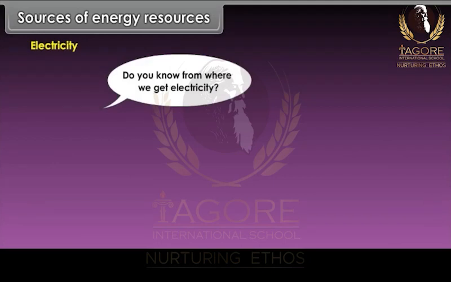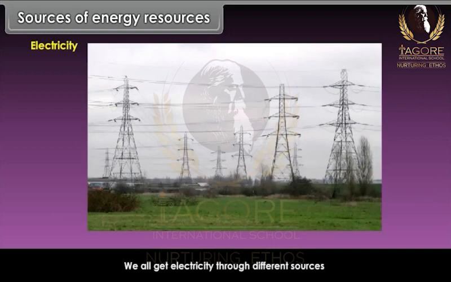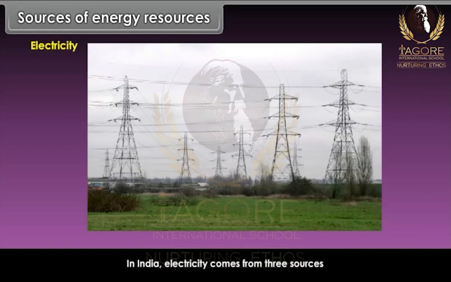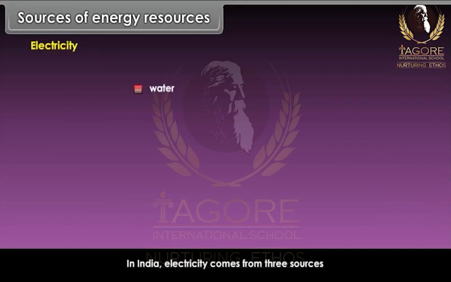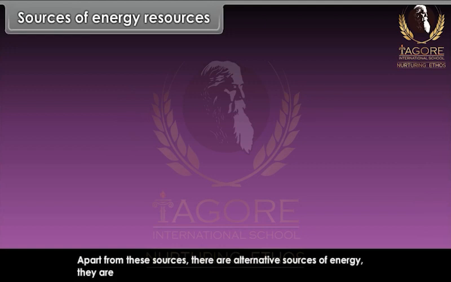Electricity. Do you know from where we get electricity? We all get electricity through different sources. In India, electricity comes from three sources: water, mineral fuels, and atomic minerals. Apart from these sources, there are alternative sources of energy.